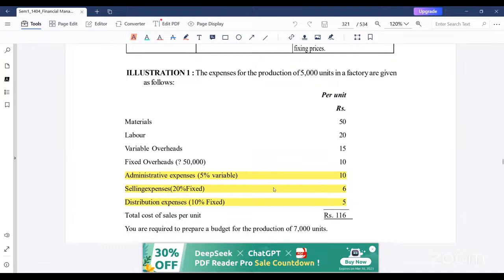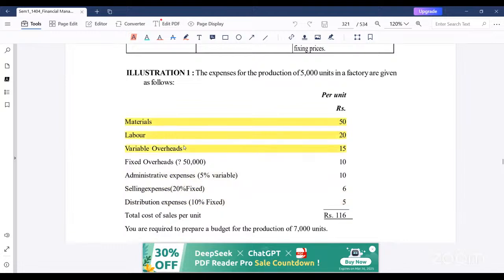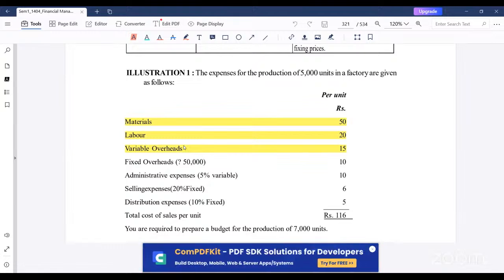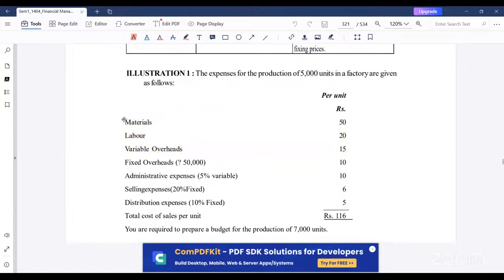These three are semi-variable and these three are variable, which will change with the number of units you are producing. For example, if you are producing one chalk piece, you will require one box of powder. If you are producing two chalk pieces, you require two boxes of material. Like that, these three will change as per the number of units you are producing.